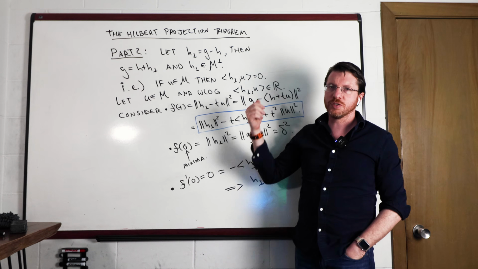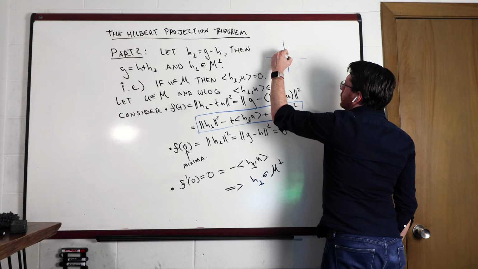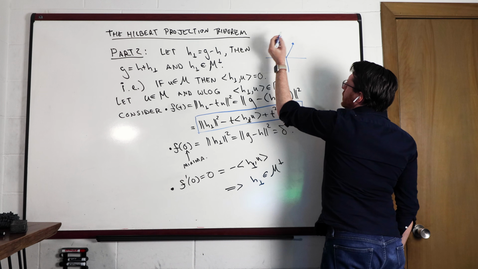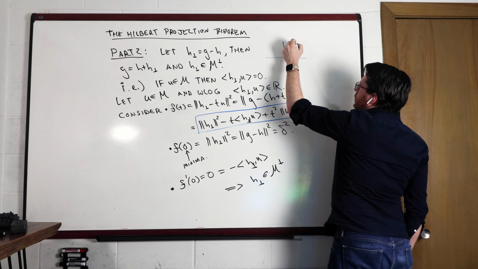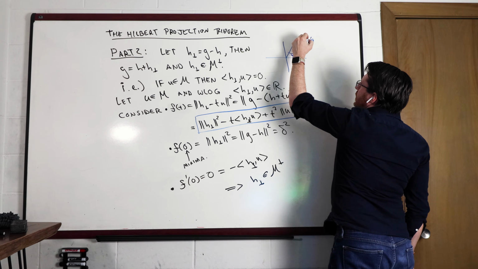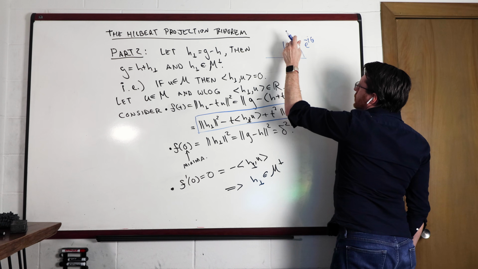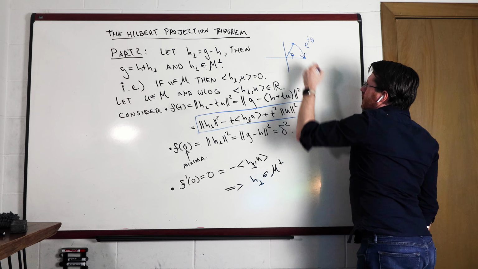The reason why we can do this is basically because if the inner product of u with H perp is off in some direction, at an angle theta, then we can just multiply u by e to the i theta, or minus theta, I forget which, and basically we can move it back to the real line.